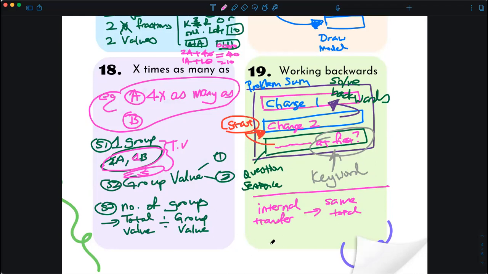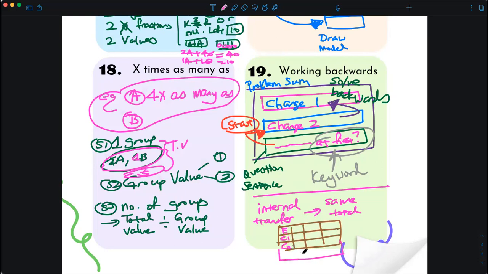You can create a table. So you have an example. Then you go back. So this is the final, this is the end, right? Then this is the change 1, this is the change 2.